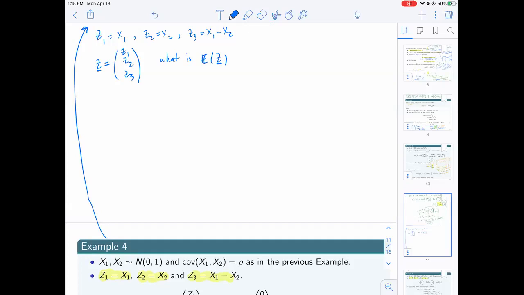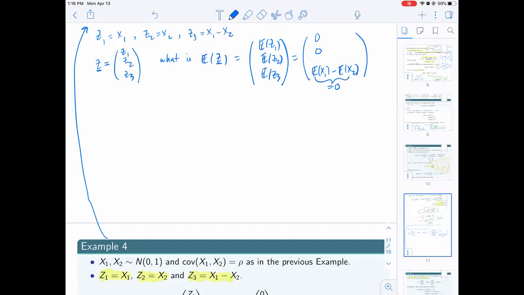Why? If we want to find the expectation of the vector, we can define the expectation as exactly the vector of expectations. So the expectation of Z1 is 0, the expectation of Z2 is 0, and for Z3, because expectation is linear, it is expectation of x1 minus expectation of x2, and this is 0 because both are 0.